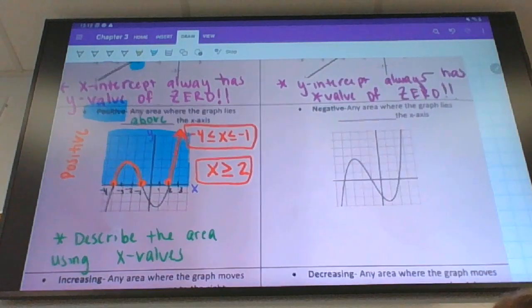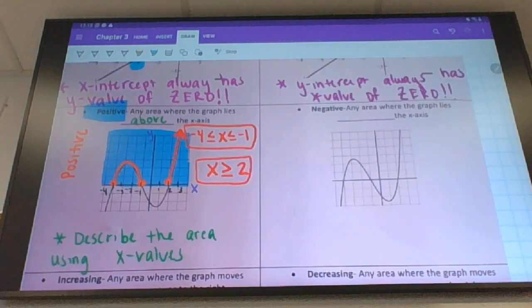All right, negative. We're negative anywhere the graph lies below the x-axis. So I'm going to highlight below in yellow. This is the negative side.